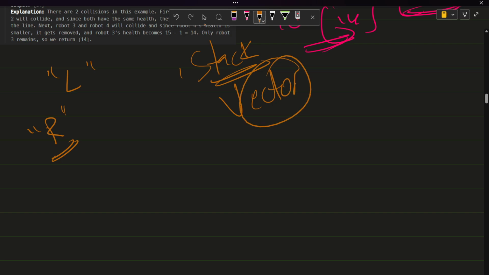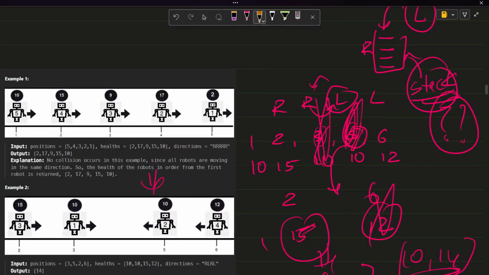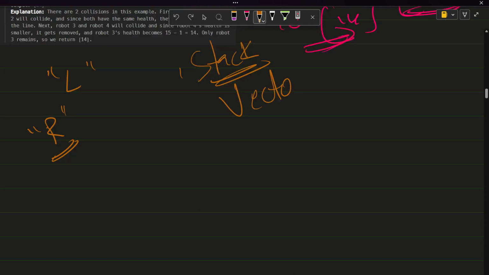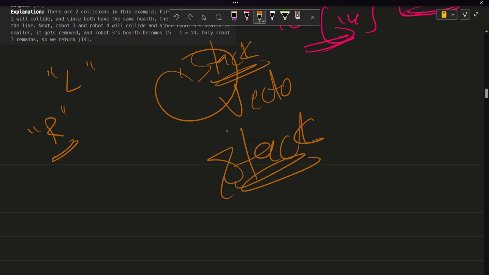But we are going to apply operations only on the top, meaning the most recent one, which is beside the left direction. After completing all the dealings with this one, we will come to this one, then this one, then this one. So can't you guys see it as a stack problem? Yes, it is a stack problem.